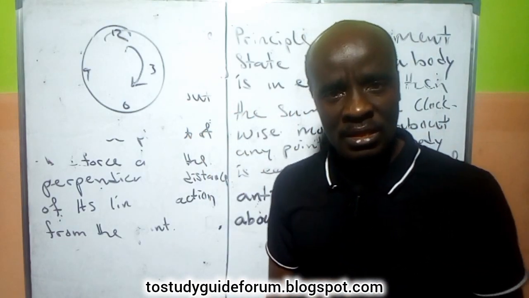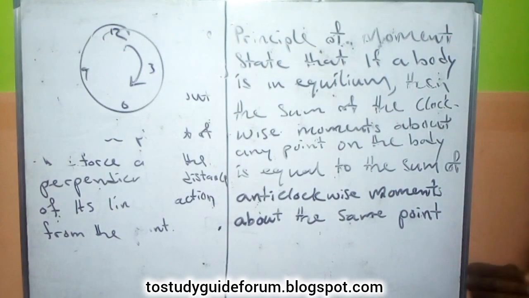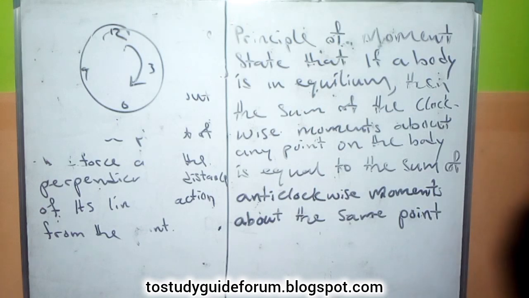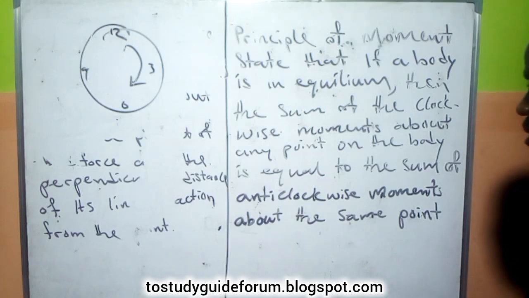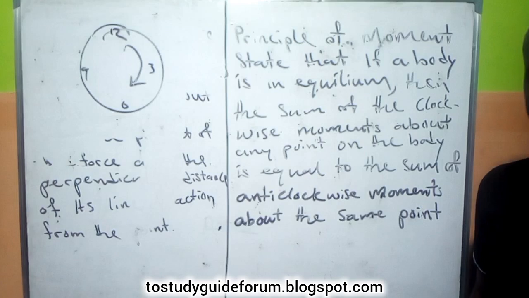Now, having known this, we talk about the principle of moments. The principle of moments states that if a body is in equilibrium, then the sum of the clockwise moments about any point on the body is equal to the sum of the anti-clockwise moments about the same point.